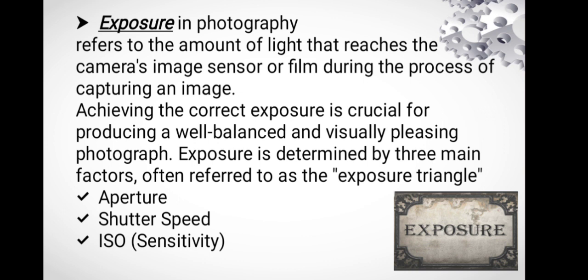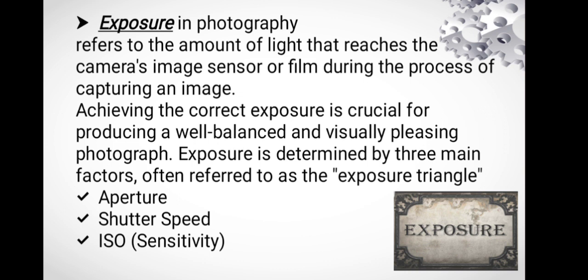Then, increasing shutter speed: a faster shutter speed reduces the amount of light hitting the sensor and freezes motion. Then decreasing shutter speed: a slower shutter speed lets in more light and can introduce motion blur.